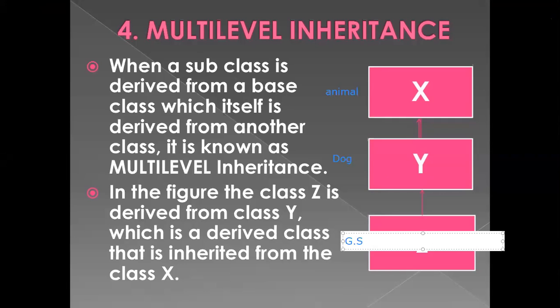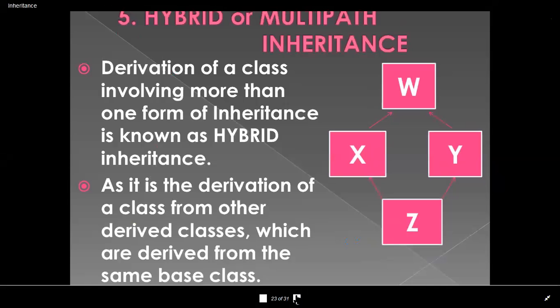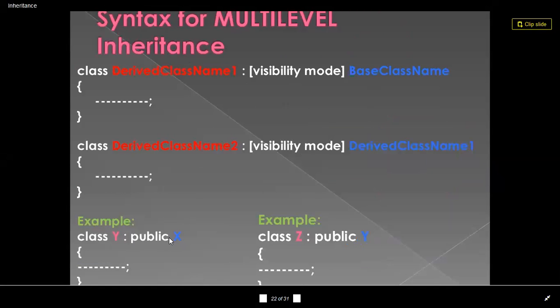So this is one class of dogs which has a special ability or a special type of dog. So in this way, we can inherit one class, and then from that class we can inherit another class, and so on. So this is called multi-level inheritance. The syntax is same, there's no difference in the syntax. First x was created, and from that x we inherited and created y, and then from class y we created z.